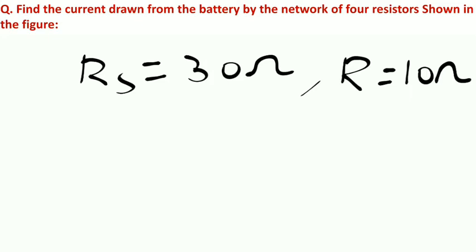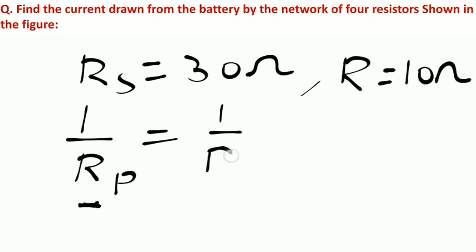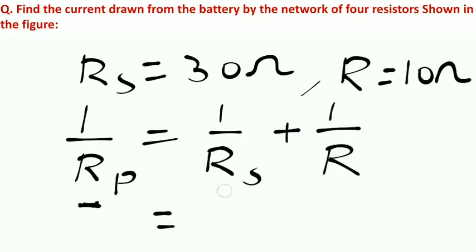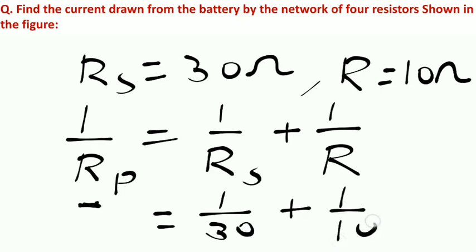In case of parallel, we calculate like this: the resultant resistance in parallel is given as 1 upon Rp equals 1 upon R1 plus 1 upon R2. R1 in this case is Rs and R2 is this R. Now put their values: 1 upon 30 plus 1 upon 10. This is the value of 1 upon Rp.